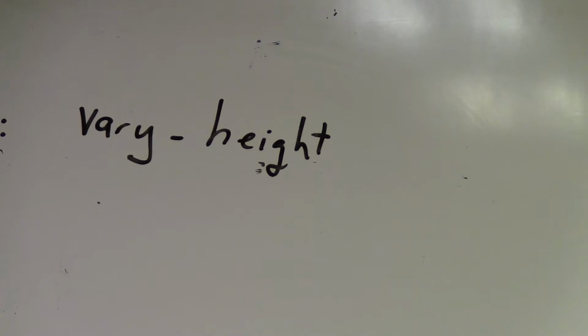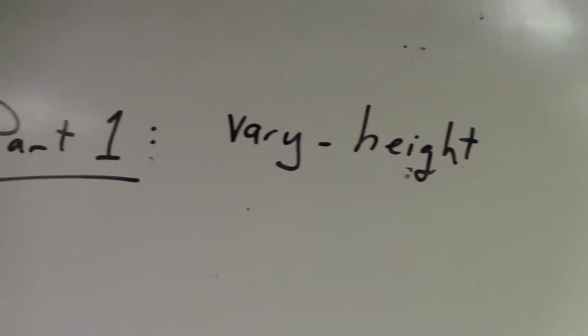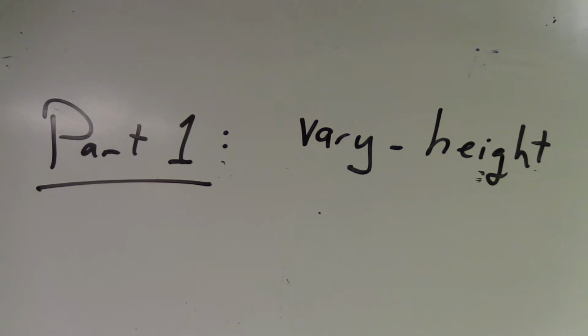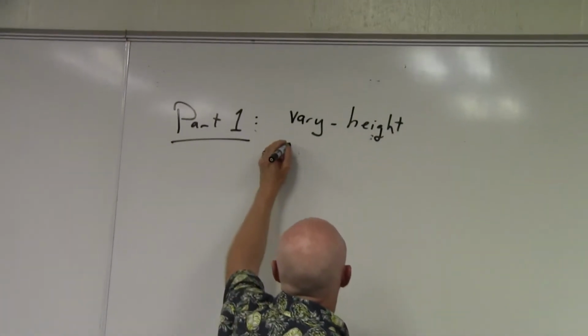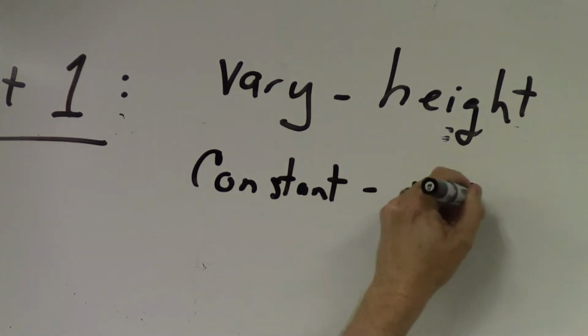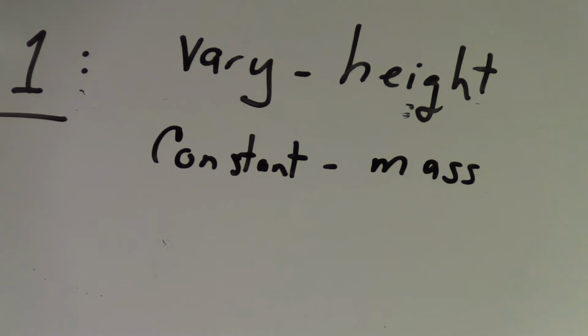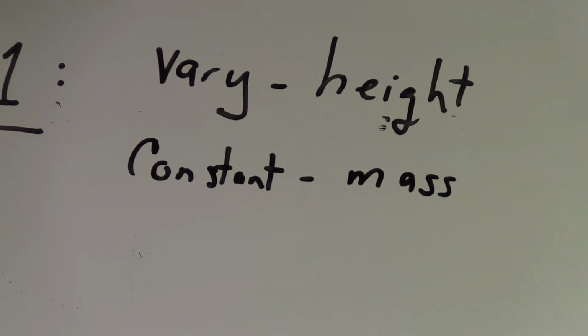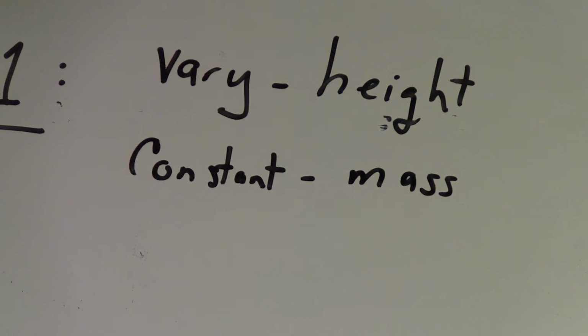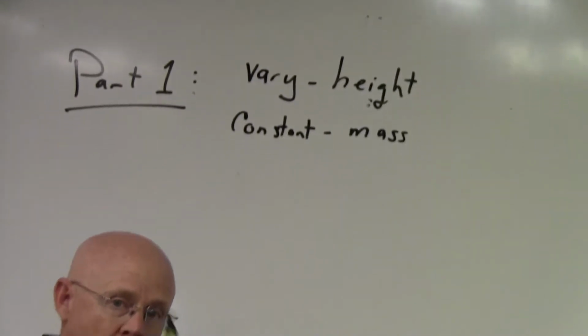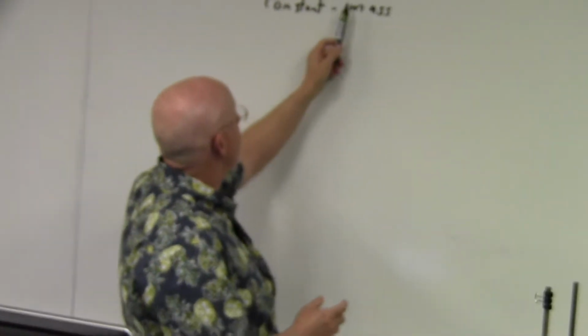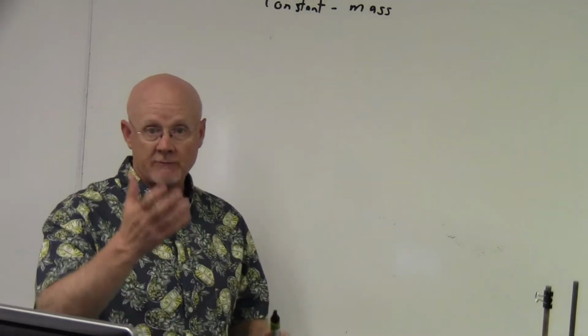We are going to drop things from different heights and then measure how much energy is associated with that drop. We will make sure that we don't change the mass. That way, we will know that if the amount of energy increases or decreases, it's based upon the change in the height, not on the change of mass.